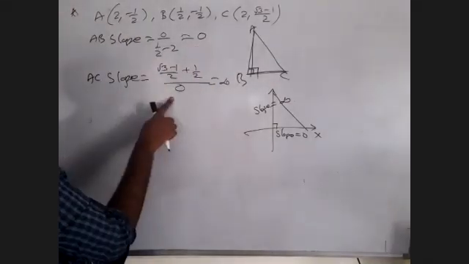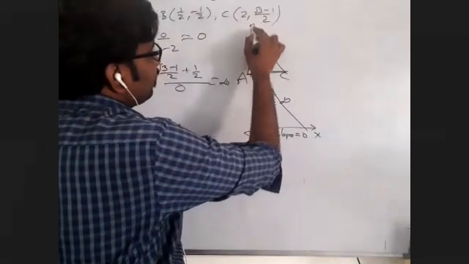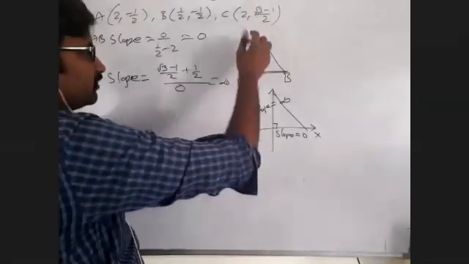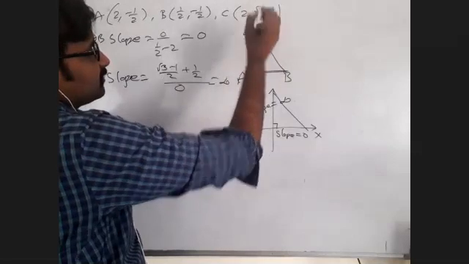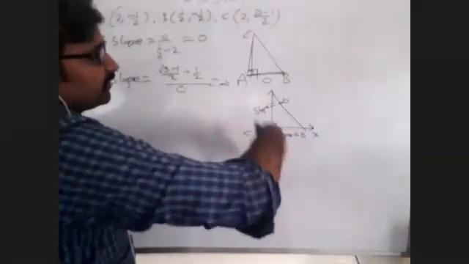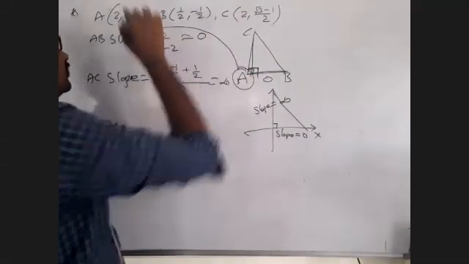AB slope is 0 and AC slope is infinity. If you write B here and this is C, AB slope is 0, this is 0, and AC slope is infinity. So these two are clearly perpendicular, and at the right angle we have vertex A. So this A is the orthocenter.